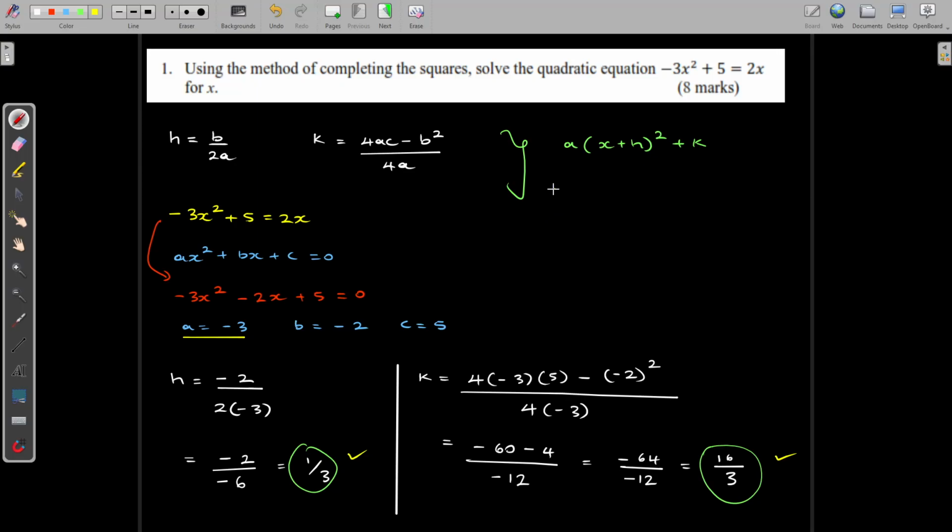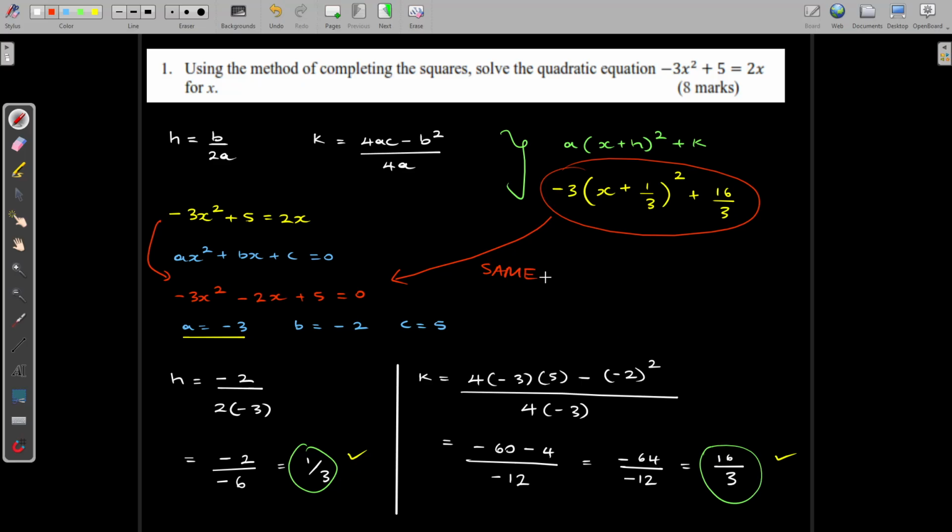So a is negative 3, so we have negative 3 open bracket x plus h, which is 1 over 3, all squared, plus k, which is 16 over 3. So what we have right here is the same thing as this. We just wrote it in another form. These two things are saying the same thing.